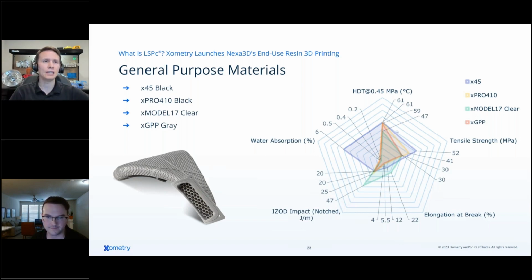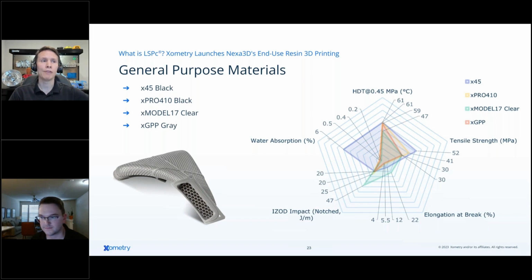You can see here their HDT, which is usually something you consider when you look at end use parts with photoresin, photopolymer materials, is what type of environment it's going to be in. The HDT is fairly the same for these. It's right around what you'll find with other photoresins. You have some varying tensile strengths, where the X45 tends to have a little bit better tensile strength than these other general purpose materials.